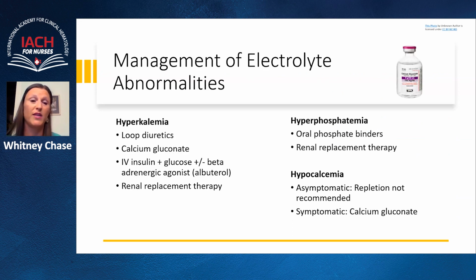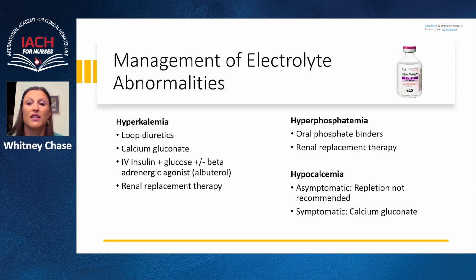Asymptomatic hypocalcemia should not routinely be treated to avoid causing precipitation of calcium phosphate crystals. Loop diuretics can help address hyperkalemia as long as we're not causing hypoperfusion of the kidney.